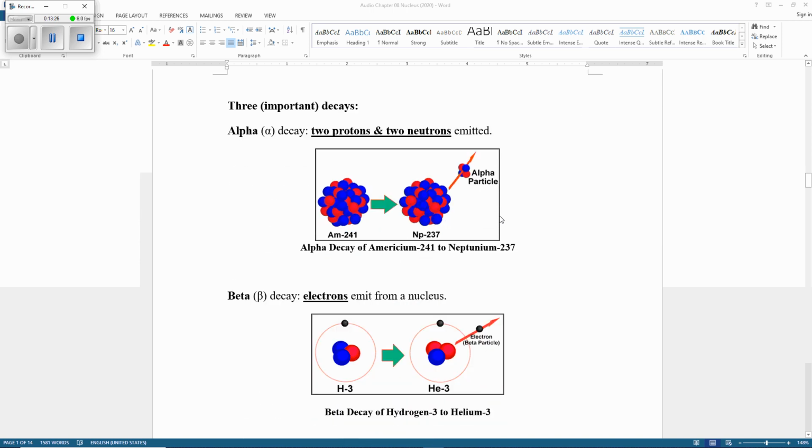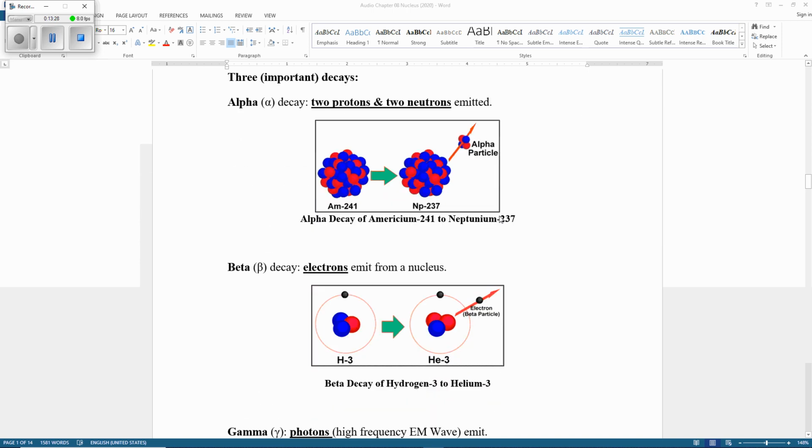Now there are totally 6 different decays, but in our textbook, we're going to study 3 of them. 3 important decays. You should remember their names, what kind of decay, the particle or energy, and other important information. Now the first one we call alpha decay. Alpha is a Greek letter symbol. When alpha decay happens, a nucleus will give off particles called alpha particles.